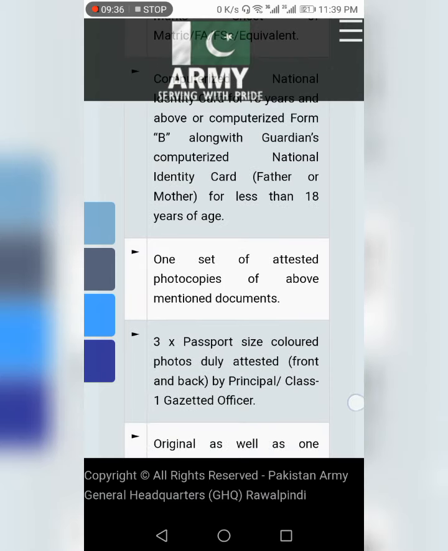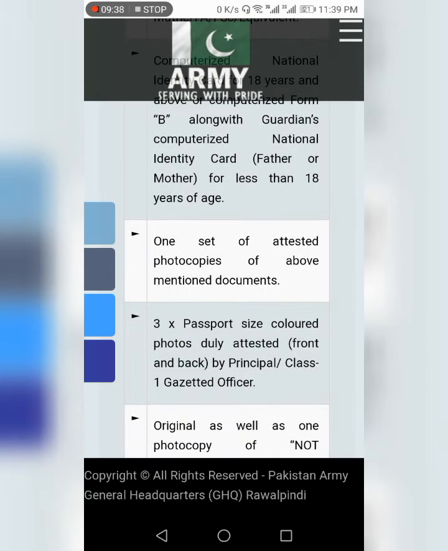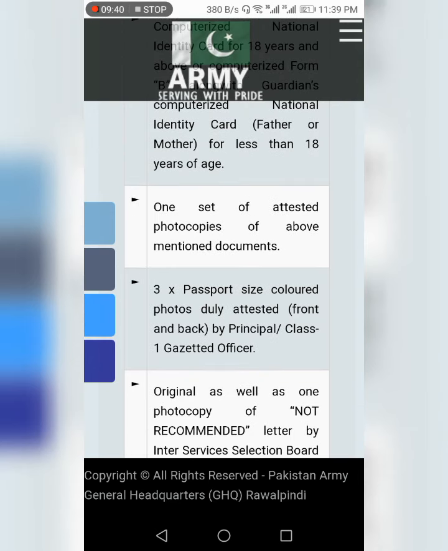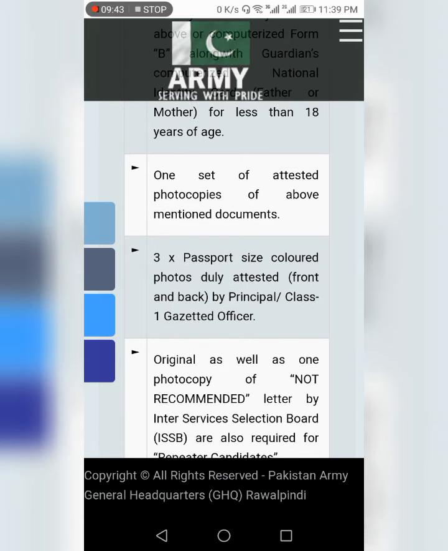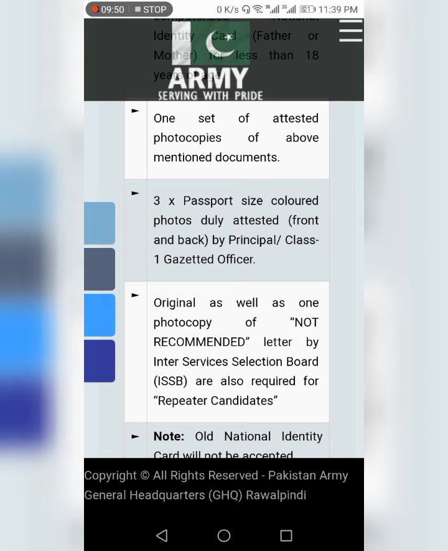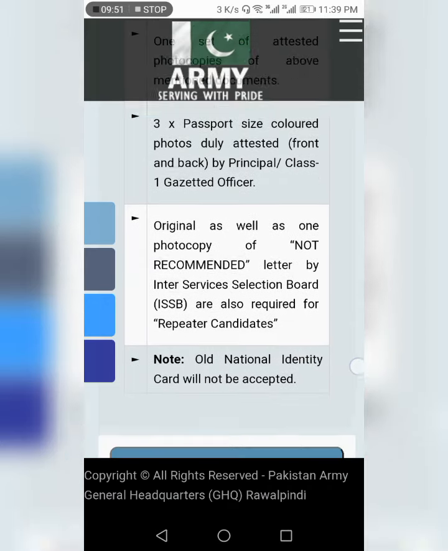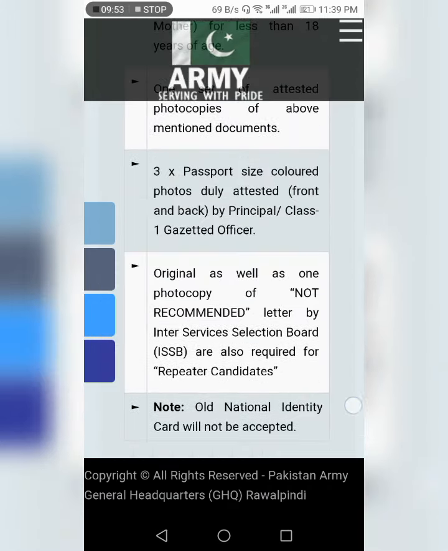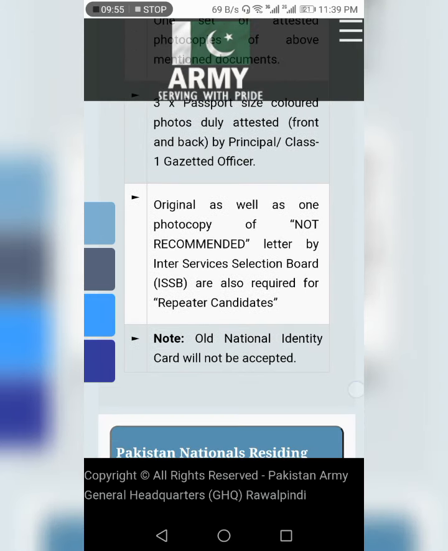Use one set of attested photocopies. Passport size colored photos duly attested front and back by the principal. So my friends, these are some prerequisites.